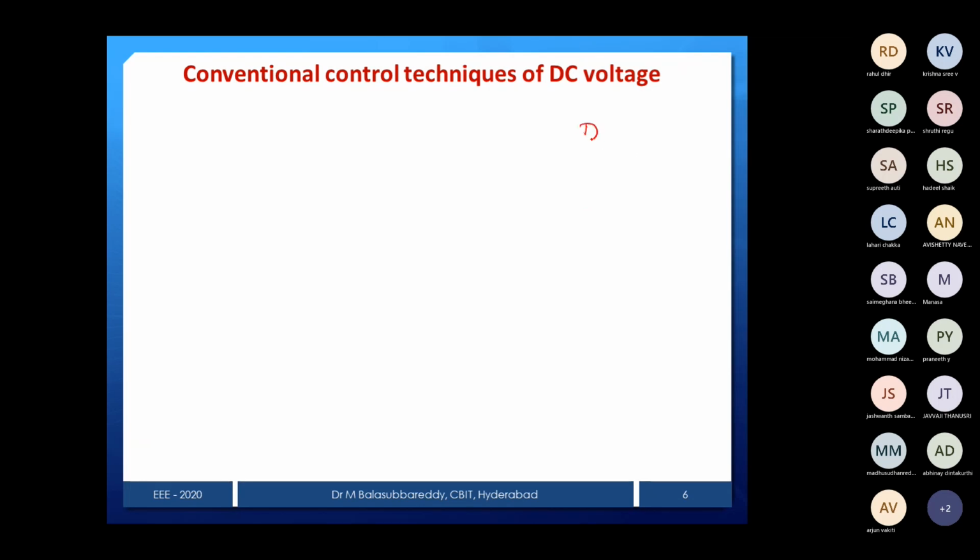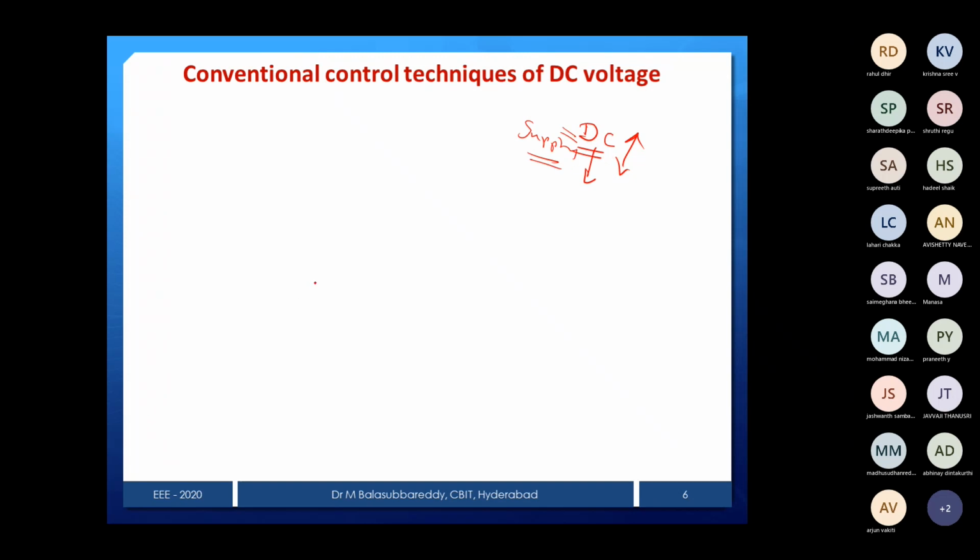How was the DC output made variable, whether increasing or decreasing? Let's consider the available supply is a DC supply.